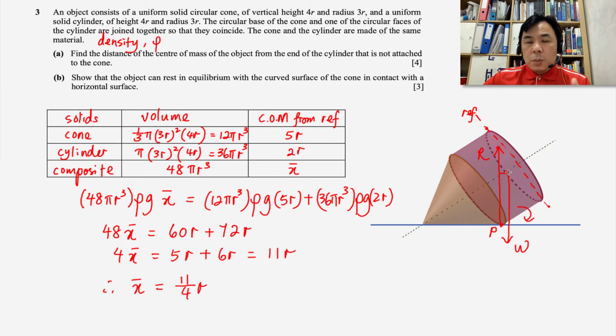Therefore, this particular composite body would actually tilt or rotate clockwise. Therefore, it can't stay in equilibrium. So because of that, we want to make sure that the line of weight would not be greater than the pivot itself.